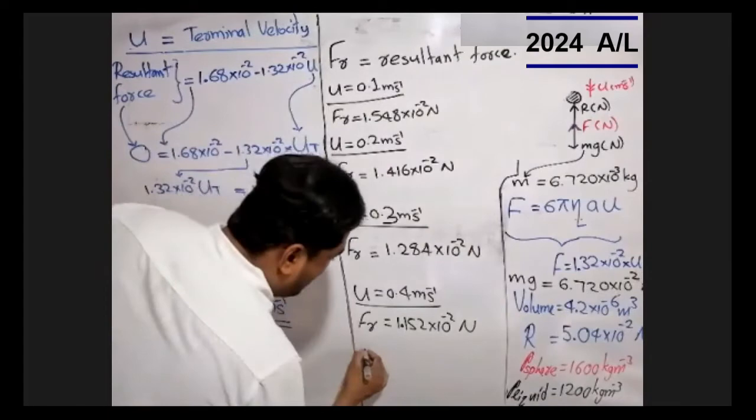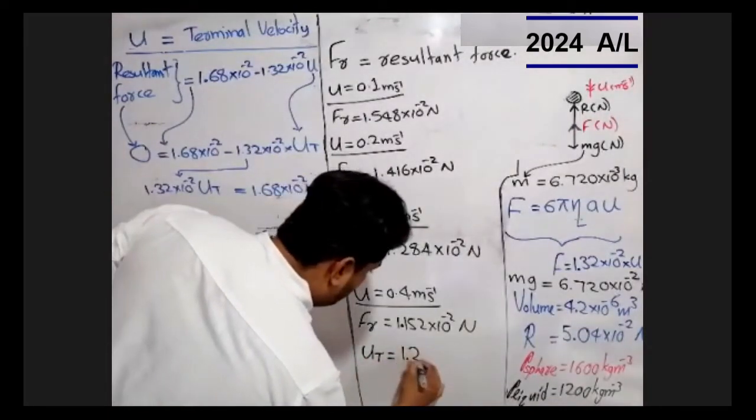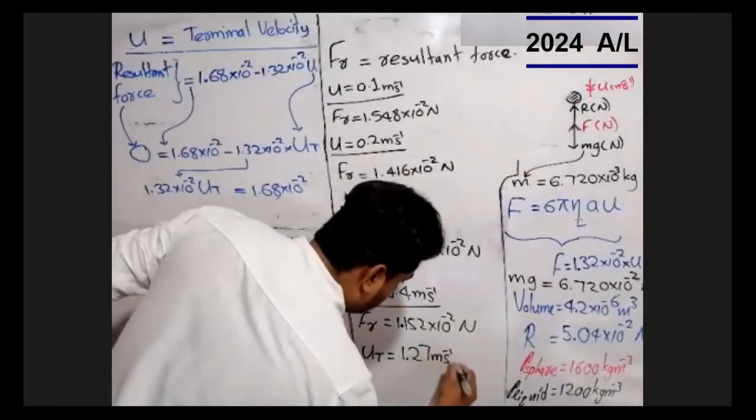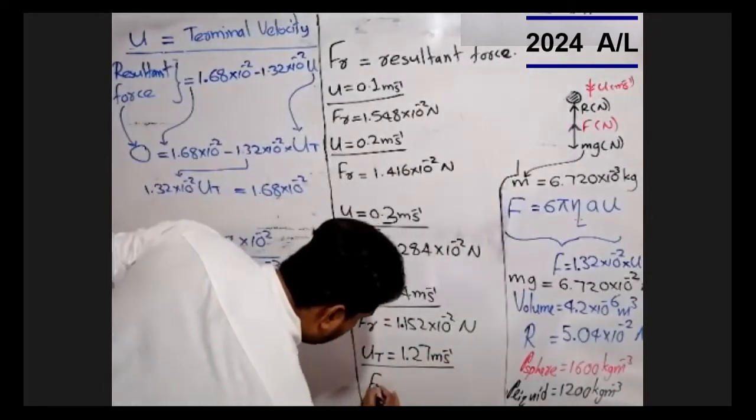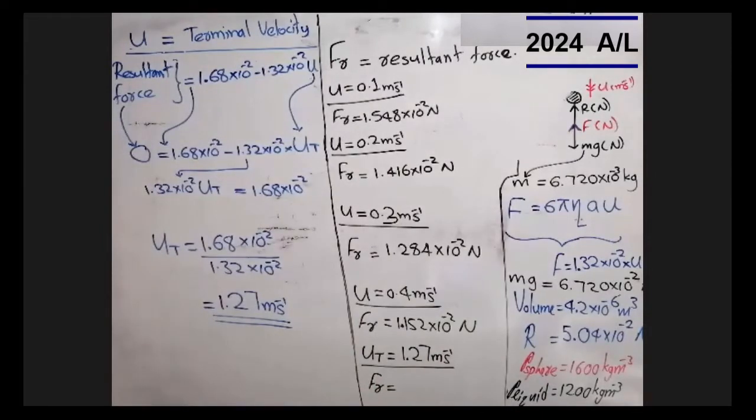So like that, finally, when the velocity is 1.27 meter per second, what is the resultant force? Somebody unmute the mic and tell me. 0, sir.